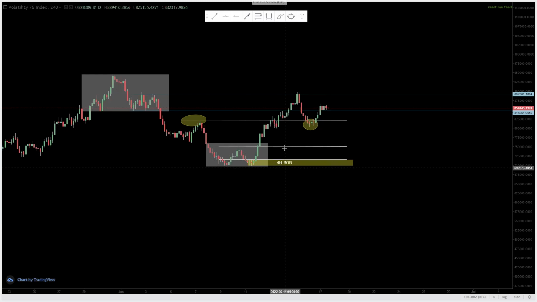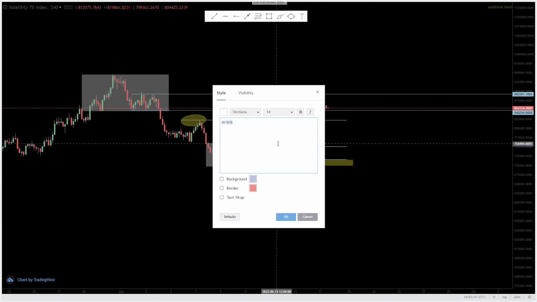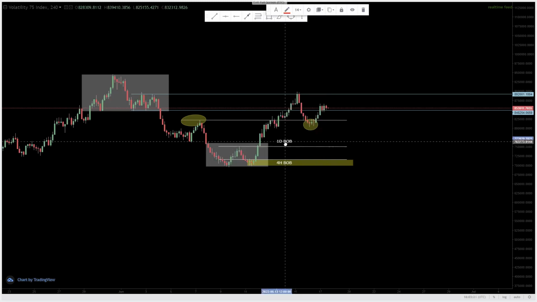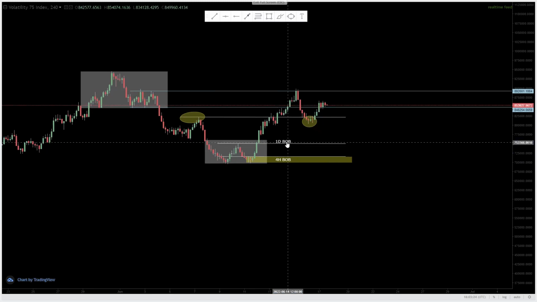And for this one, I am going to mark it on this white line and say daily, 1D BOB, all right? The one I have put on this white line is for the 1-day, or daily, bullish order block.